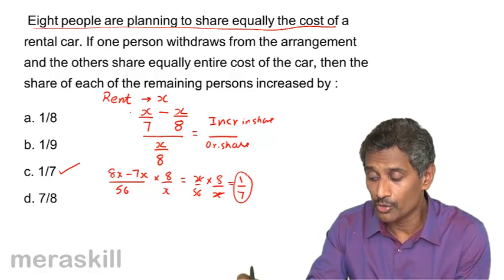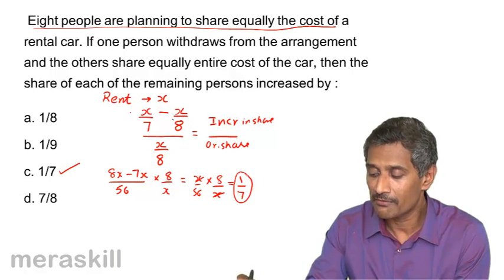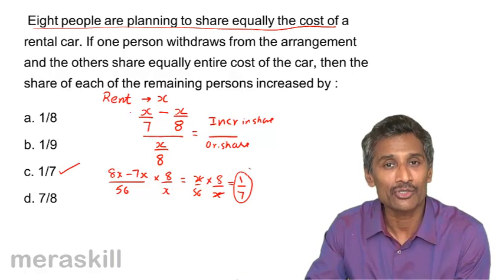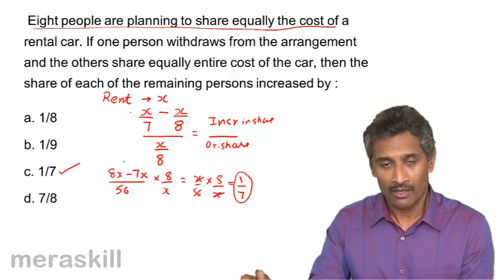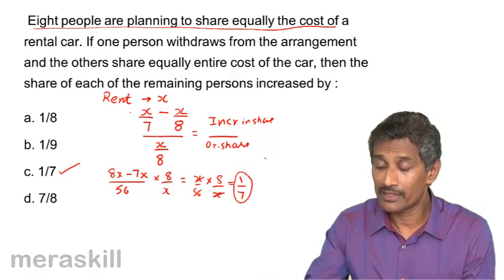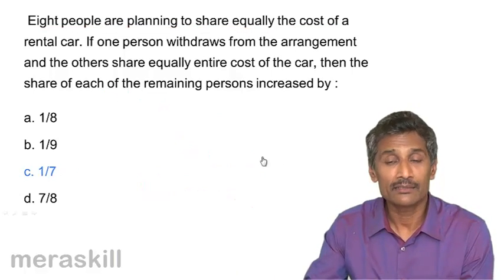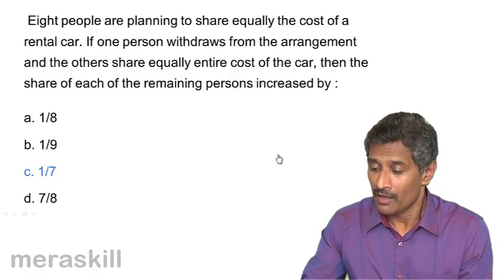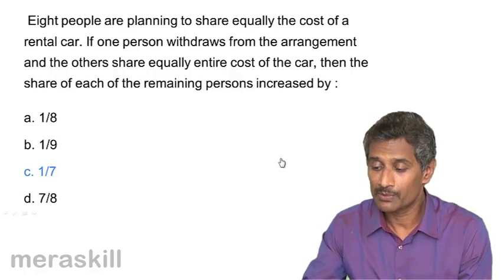As compared to the original share, what is the increase? Find the ratio of that and you get the ratio by which the share has actually increased. Let's check whether the answer tallies. Yes, we have it increasing by 1 by 7. Let's take the next example.